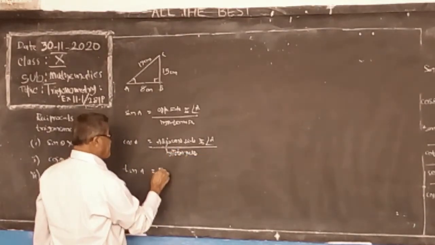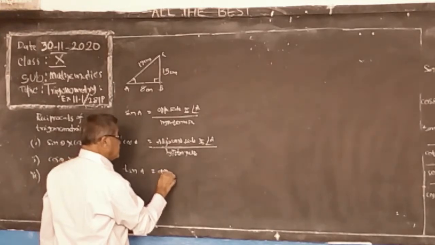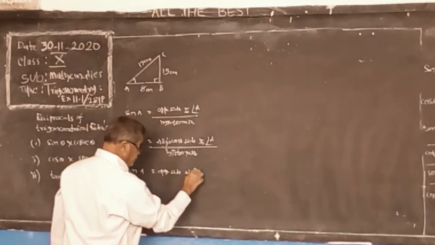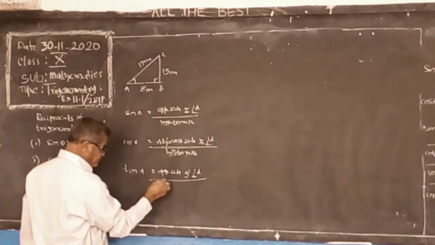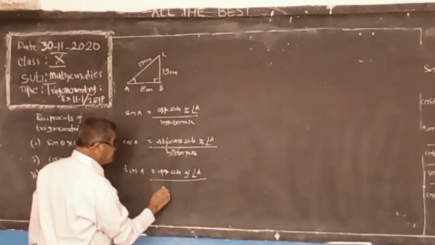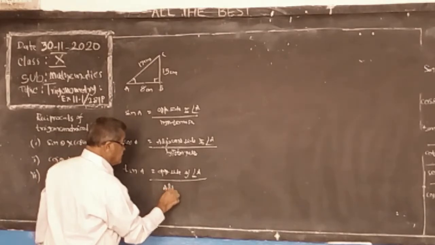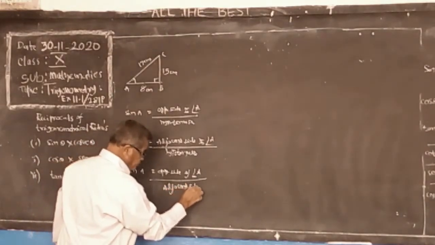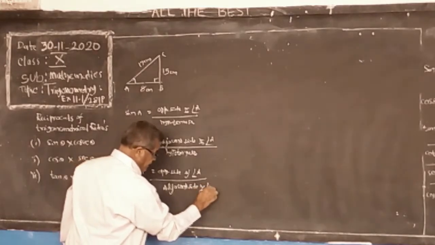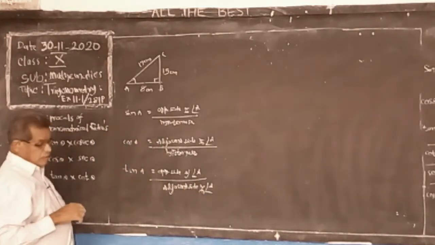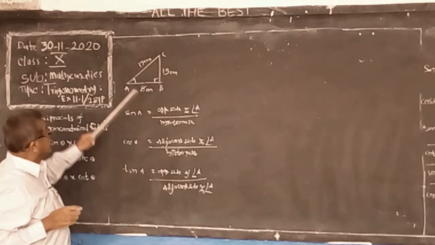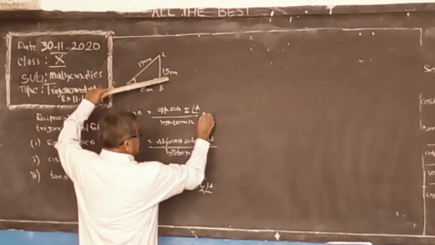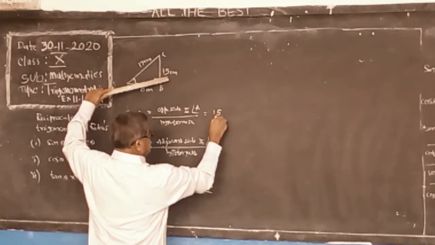And tan A is opposite side of angle A by adjacent side of angle A. Now here opposite side of the angle A is 15, so sin A is 15 by 17.